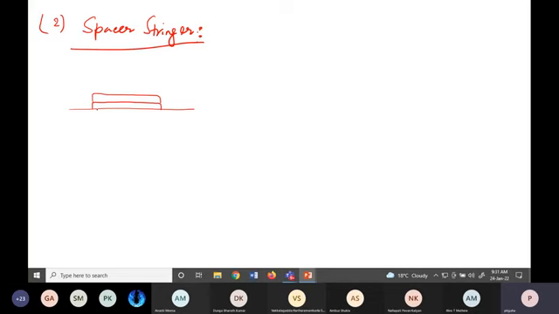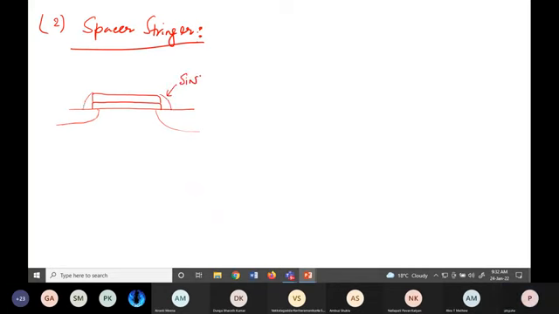requires a special layer to create it. I can't remember properly, but we have an N minus region. You first form the N minus region, then you form a spacer layer, usually made of silicon nitride.